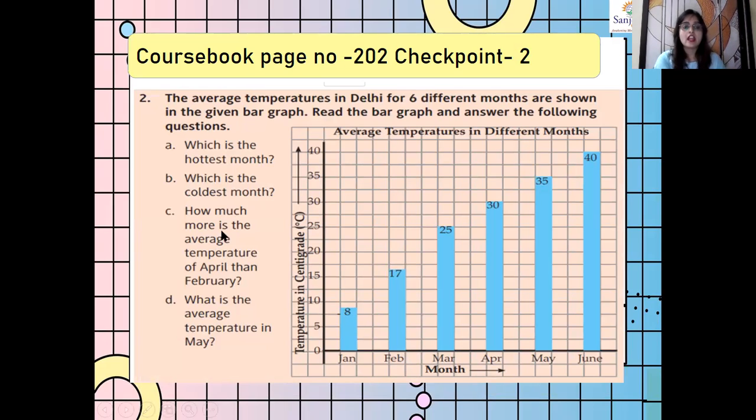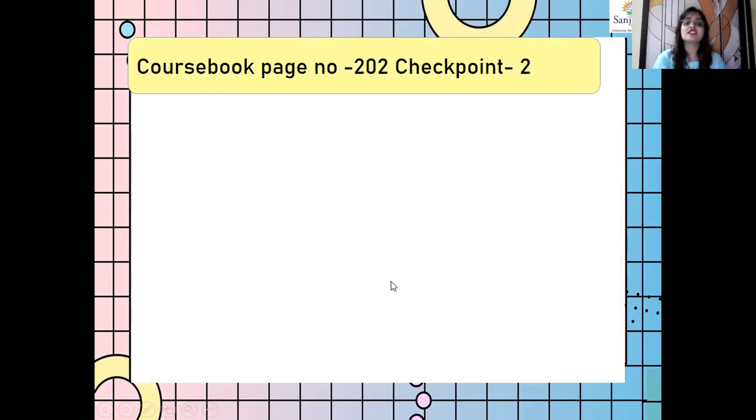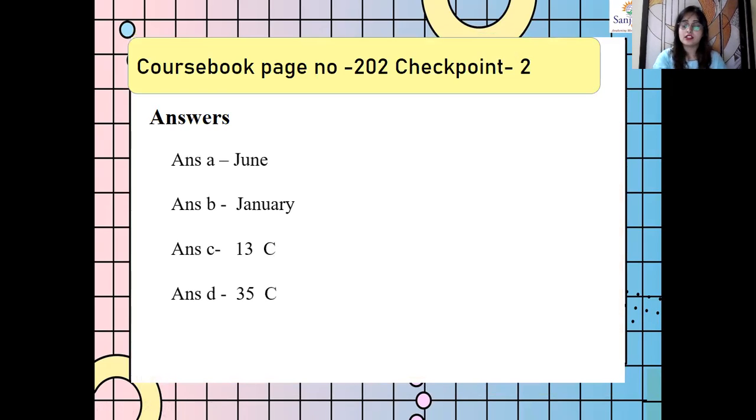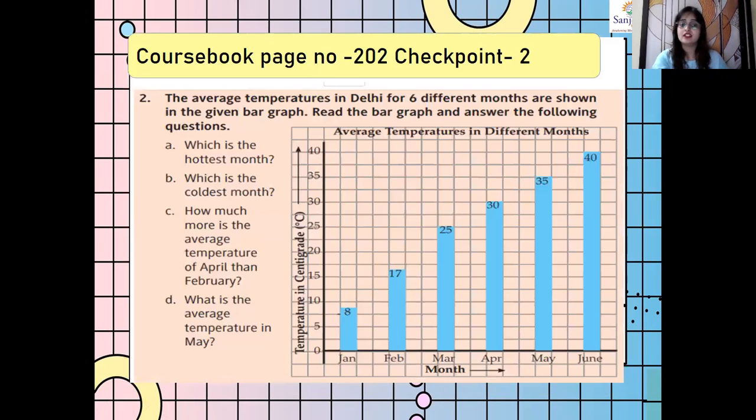Then, how much more is the average temperature of April than February? April is 30 and February is 17. So 30 minus 17 is 13 degrees Celsius.